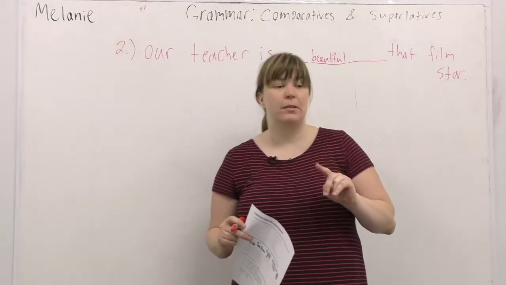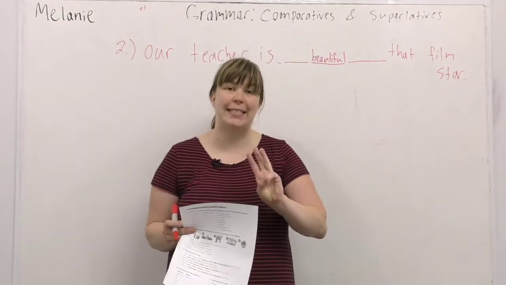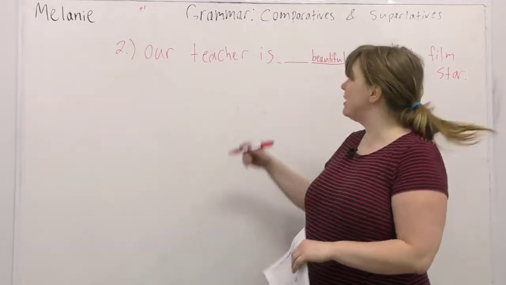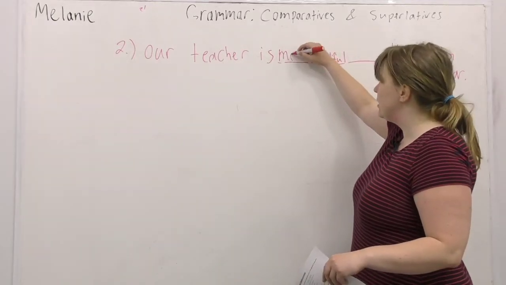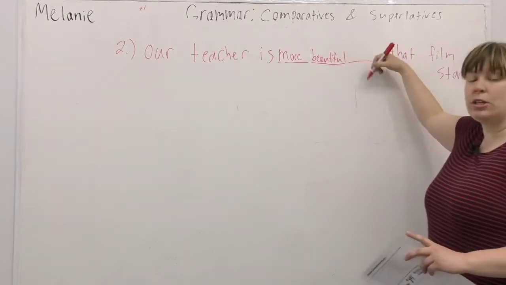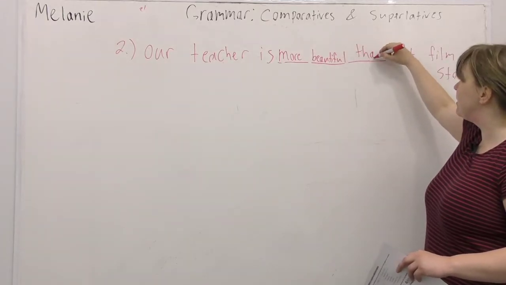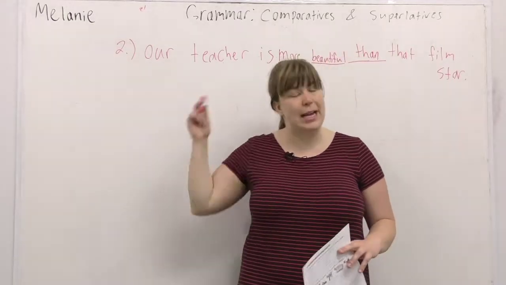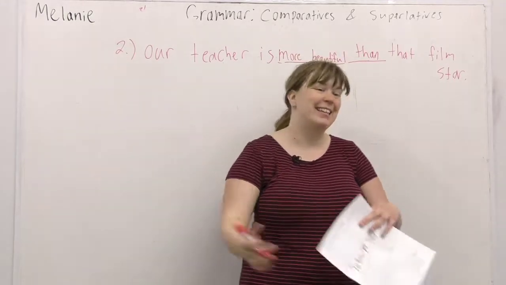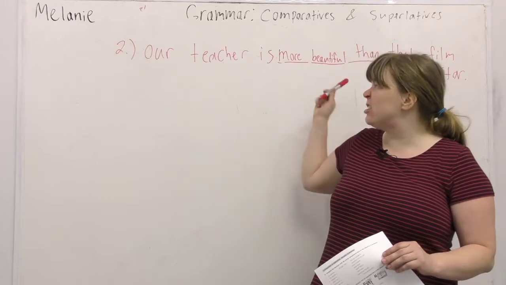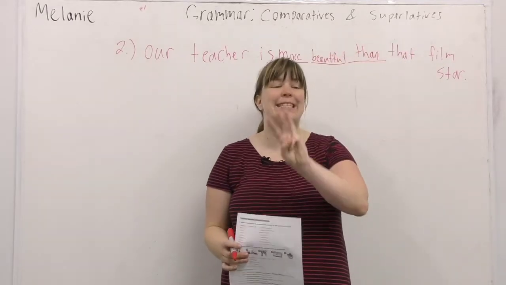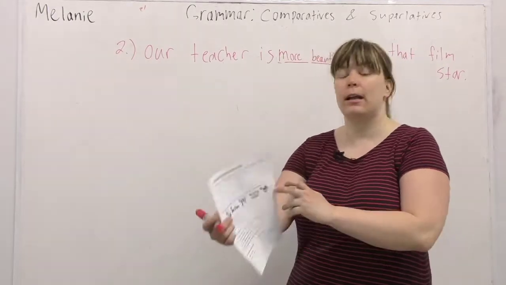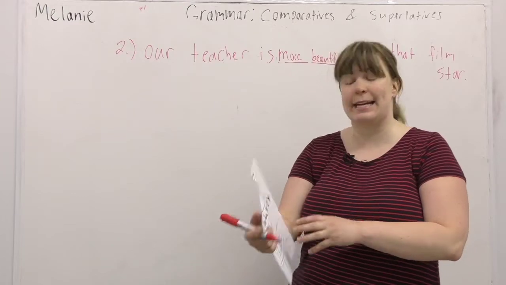Going once, going twice, going 3 times, and the answer is our teacher is more beautiful than that film star. I did not make the sentence up, by the way. So that is how you do comparatives with 3 syllables. Okay, let's try number 3.